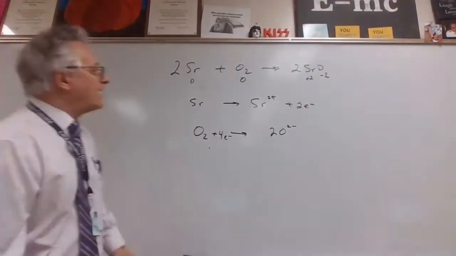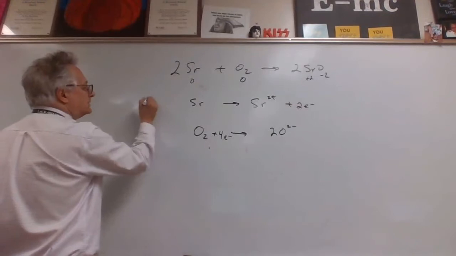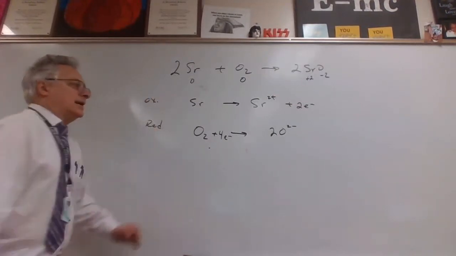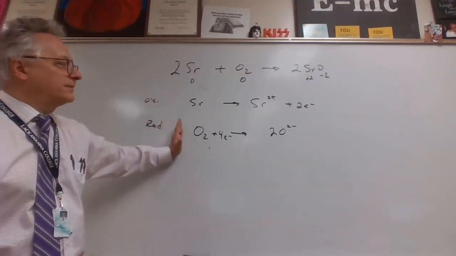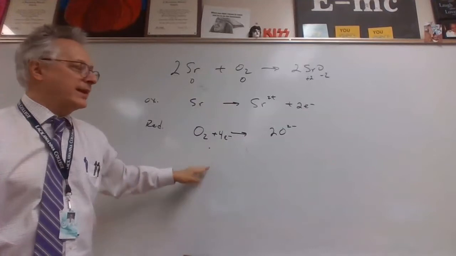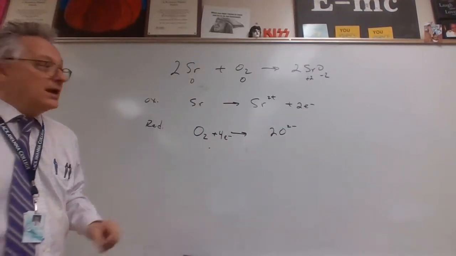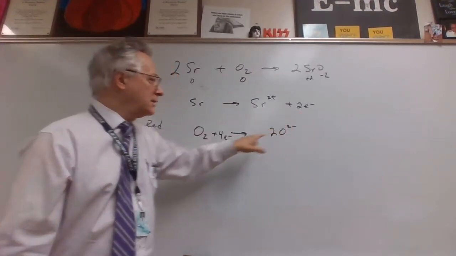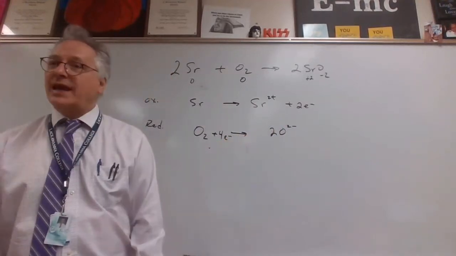Okay. Now, let me label this. This is the oxidation. This is the reduction. Now, let's say, for example, I just had these 2 reactions, and I wanted to add these 2 reactions to get the overall reaction. We can do that, but in order for us to do that, we have to make sure that the numbers of electrons in the oxidation reaction and the reduction reaction are the same.